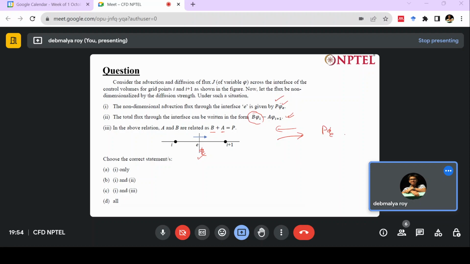So P phi E. If we represent it through the same units, the same non-dimensionalization, then the difference of these two terms will be the diffusion strength, the amount of diffusion.